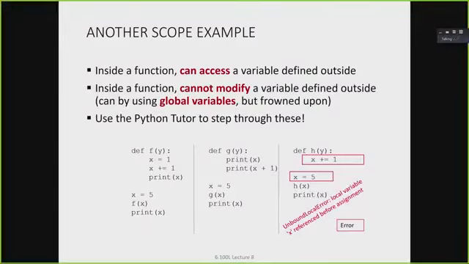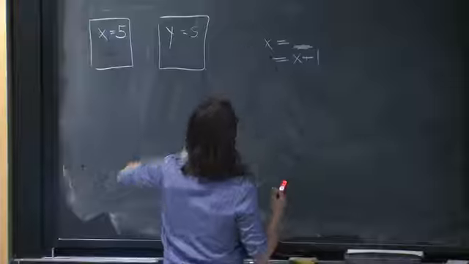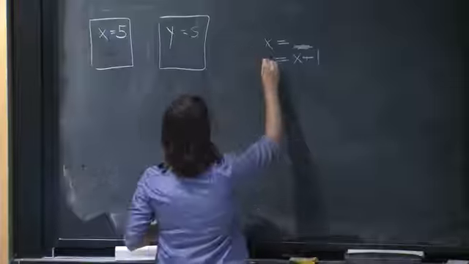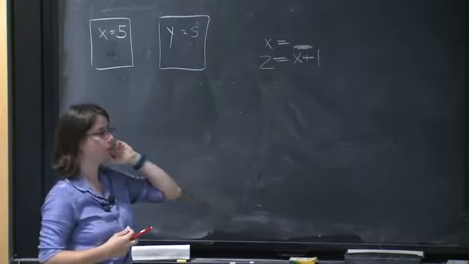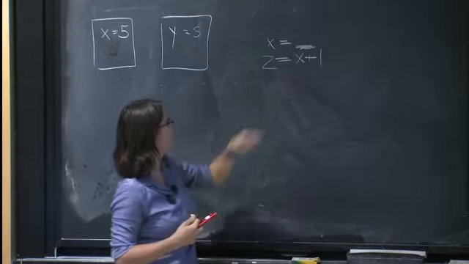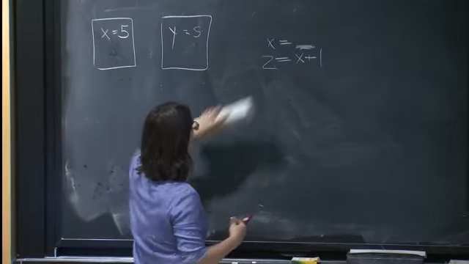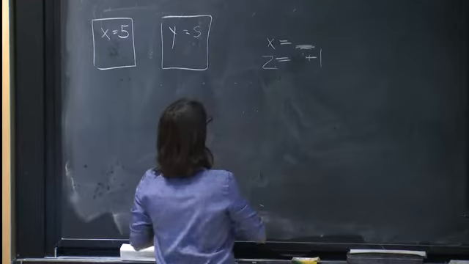It's kind of like, if you made this be something completely different, like z, you would get the same error. It would be error: variable z referenced before assignment, right? It's like you can grab x plus 1, but I don't know what z is.